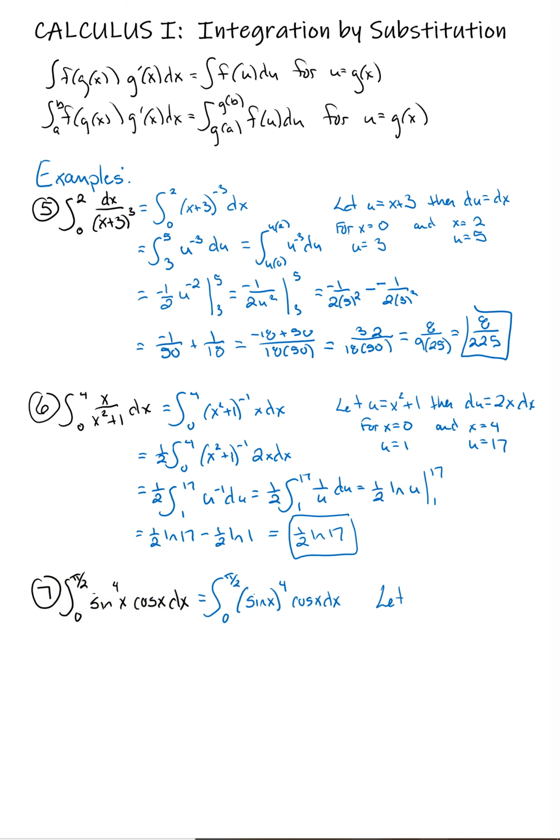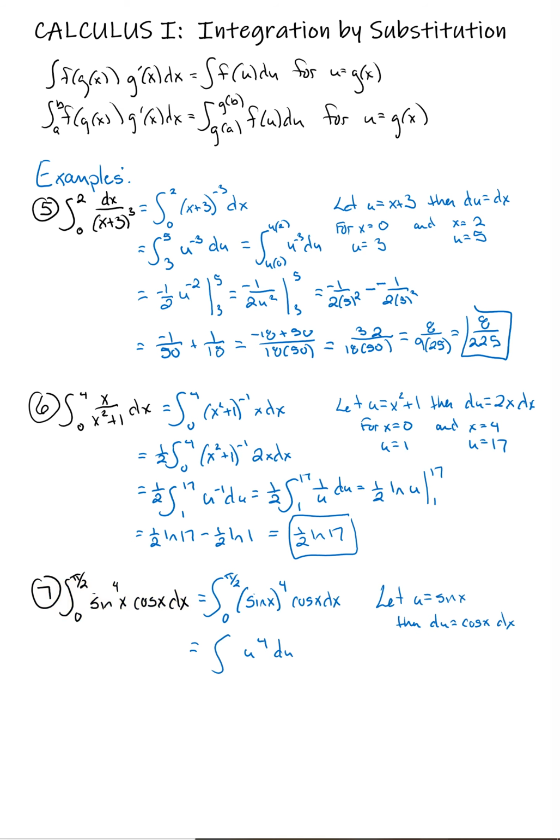We will let u be that inside function, sine of x. Then du, the derivative of that, is cosine x dx. This works out wonderfully. We are integrating u to the 4th du.